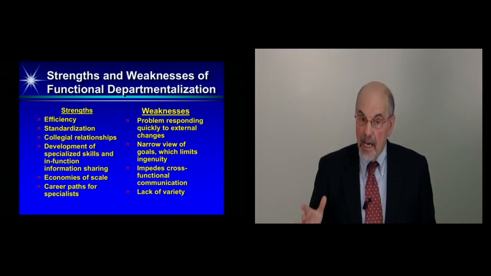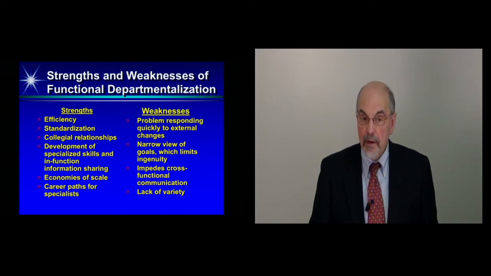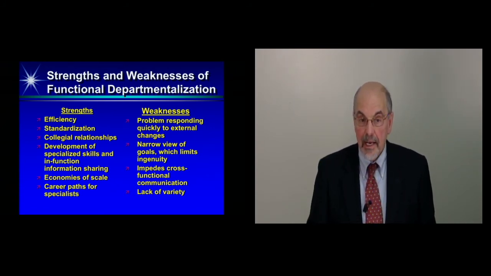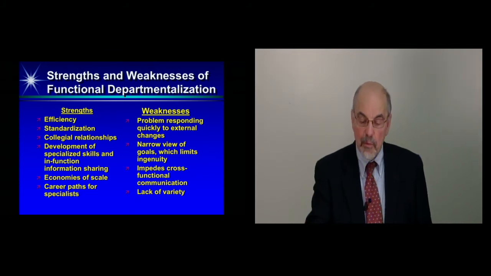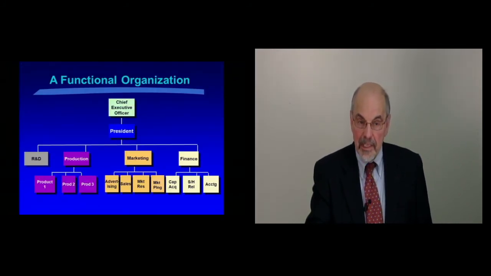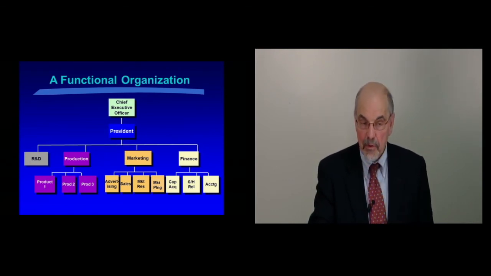The weaknesses: the key problem is responding quickly to external changes. And external changes are the way of today's world. And there's a narrow view of goals, where people think in terms of what's within their unit, and they're not thinking of the product in general.